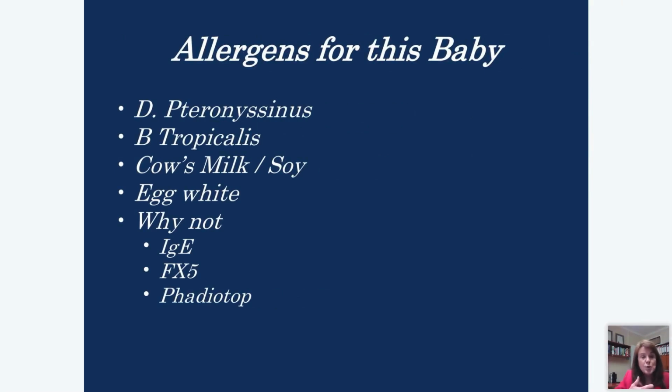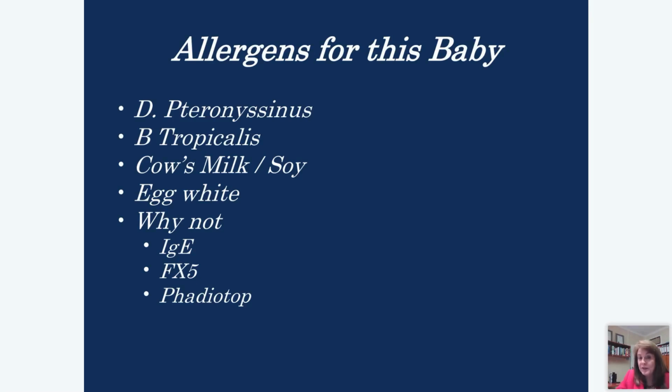Now, my choice would be the house dust mites. We do need to test for D. pteronyssinus. We have got D. pteronyssinus and D. farinae, so there is cross-reactivity between them, and D. pteronyssinus would be the main allergen that we find throughout our country. Blomia tropicalis is mostly at the coast.